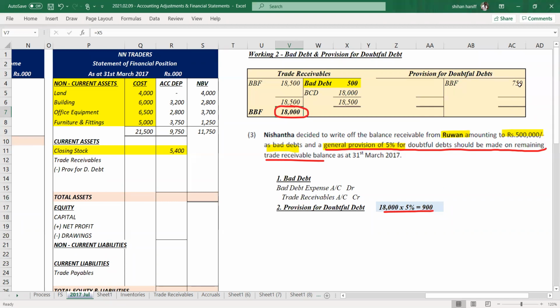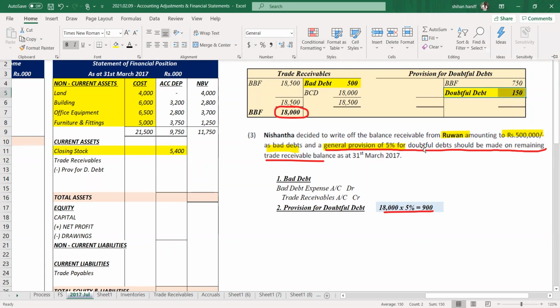Okay. Now already there is 750 in the provision for doubtful debt account. Already there is an opening balance of 750. So this should be 900. Therefore, we need to increase the provision by another 150 only. This is the doubtful debt expense.